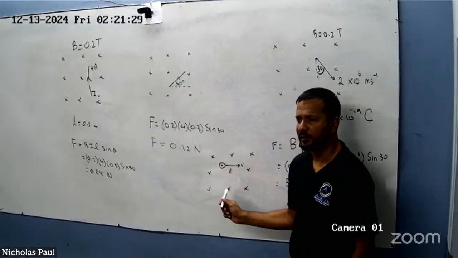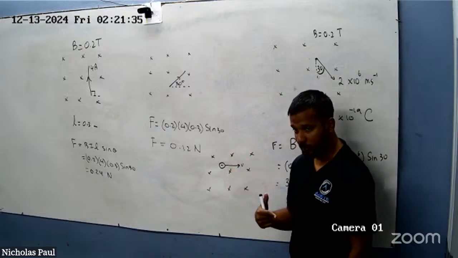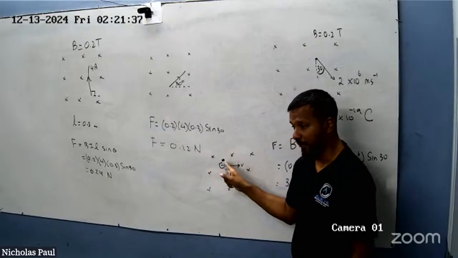X is the magnetic field. X means magnetic field going in, and dot means out. So the magnetic field here is going in.